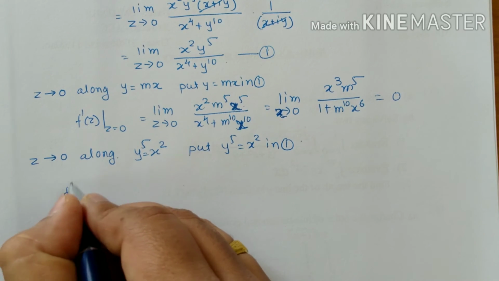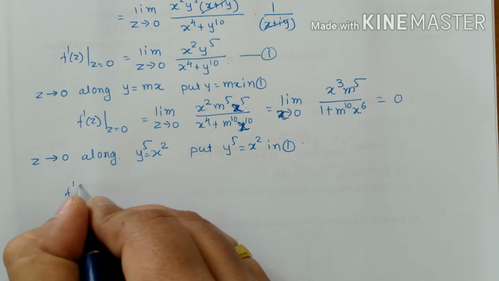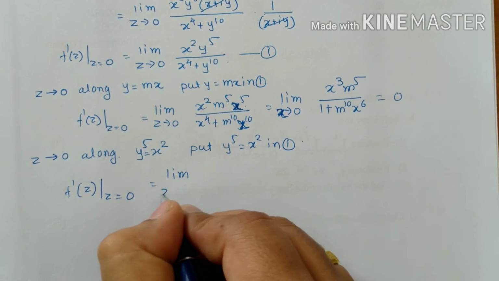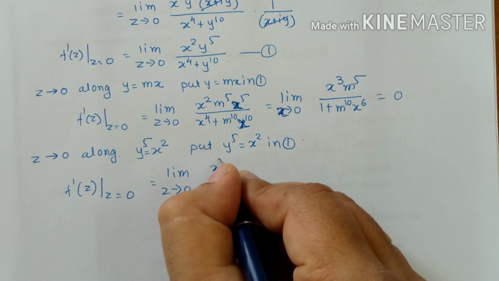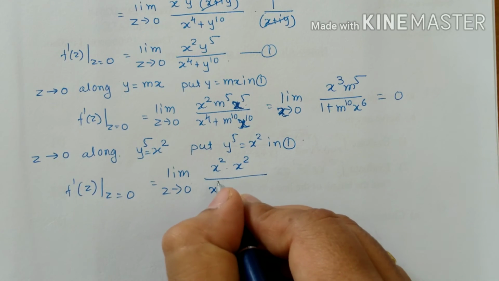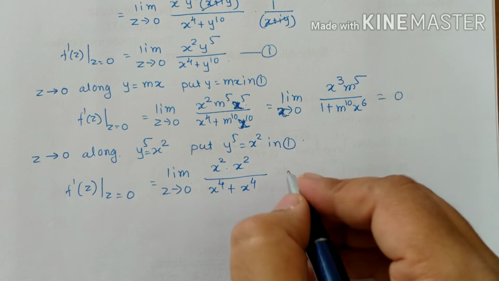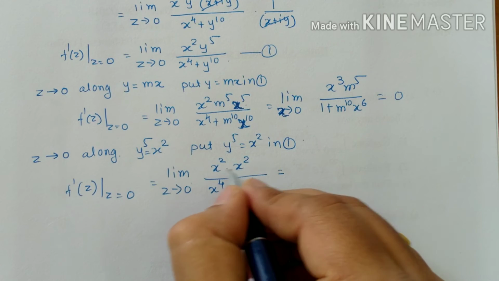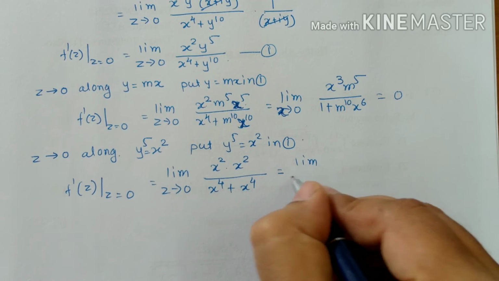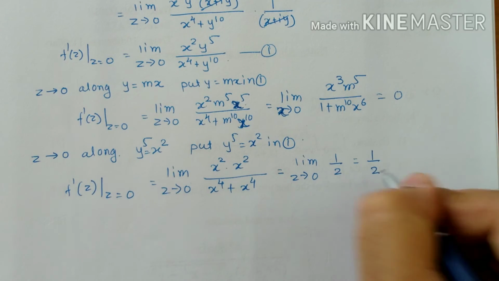Therefore equation 1 becomes limit z tends to 0, x square into x square divided by x raised to 4 plus x raised to 4. So one can have x raised to 4 common from the denominator. Hence we get limit z tends to 0 of 1 by 2. So the answer here is 1 by 2.